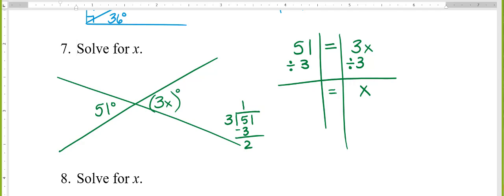Bring down the 1. 3 goes into 21 how many times? 7. And 3 times 7 is 21. So what is x equal to? 21. Yeah, careful. 17. Our answer is 17.